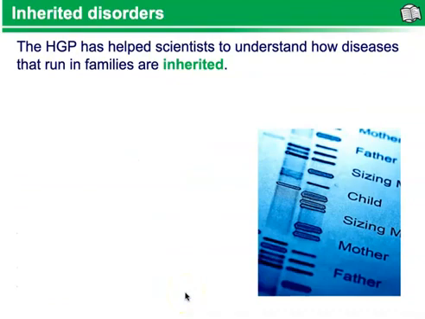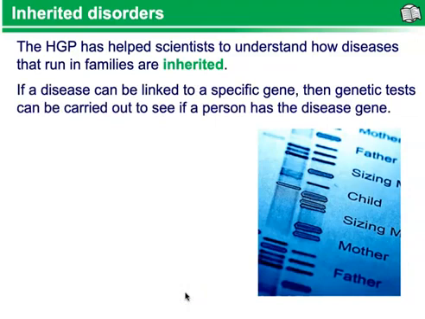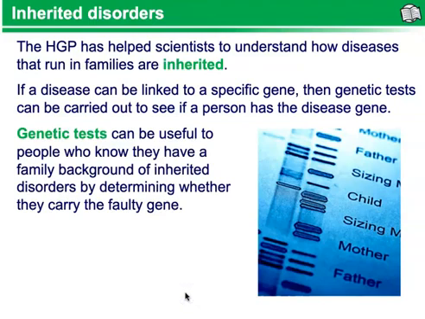Inherited disorders. The Human Genome Project has helped scientists to understand how diseases that run in families are inherited. If a disease can be linked to a specific gene, then genetic tests can be carried out to see if a person has the disease. Genetic tests.